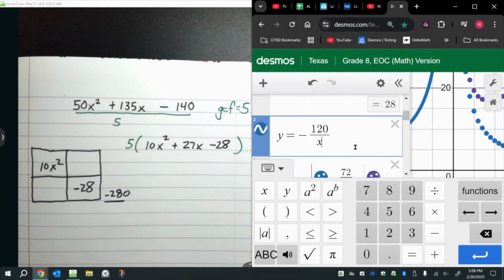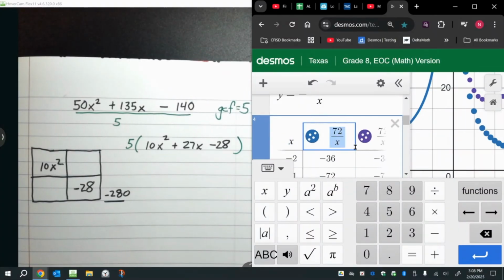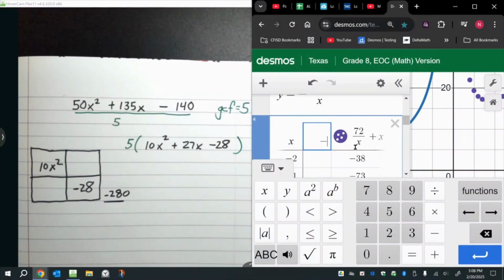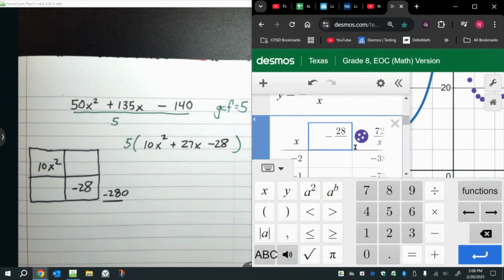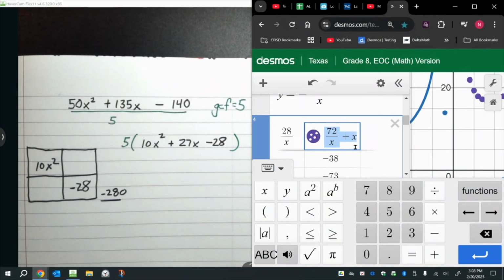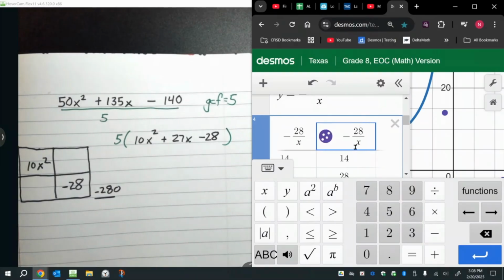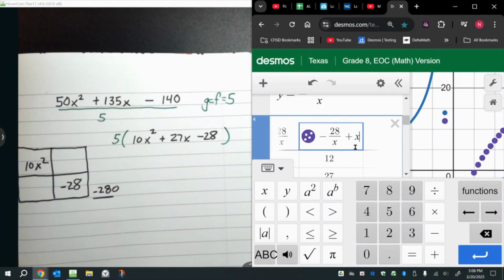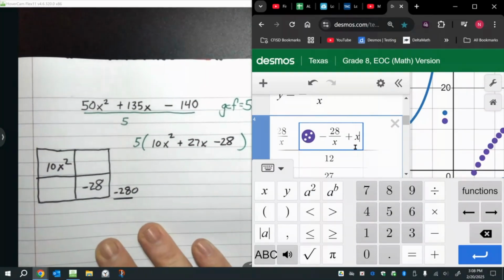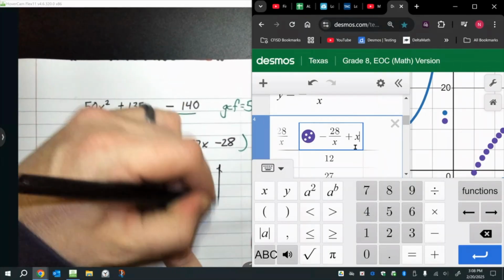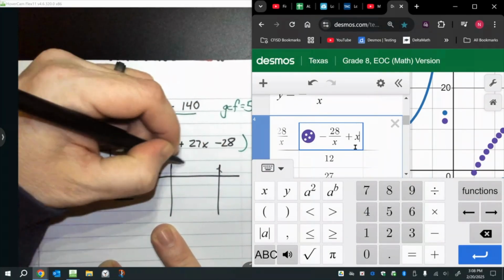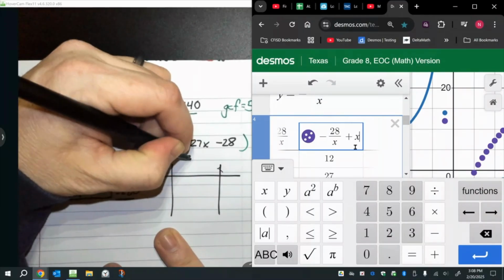These are big, big numbers. Who cares? Just type it in. Negative 28 divided by x plus x. Oh, 280.